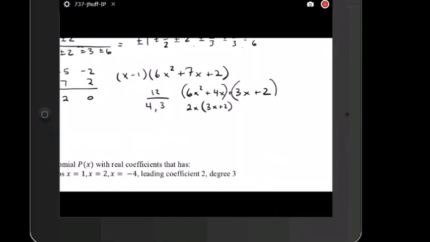When we group these last 2 terms together, the only common factor that 3x and 2 have is positive 1. And since they both have a factor that matches 3x plus 2, that's one of the factors. The other one is 2x plus 1.